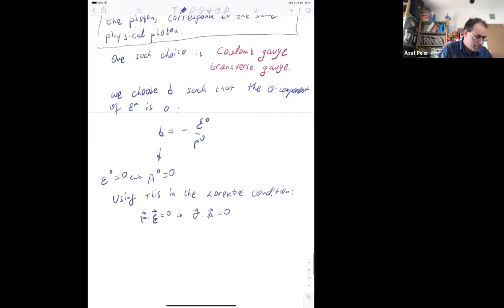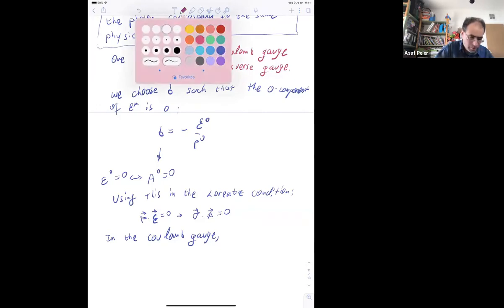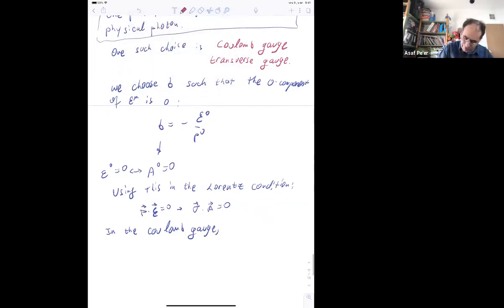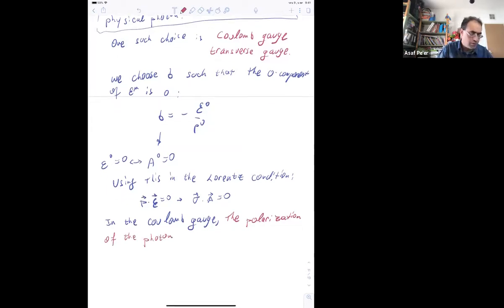So we end up that in the Coulomb gauge, the polarization of the photon is transverse to its direction of motion.